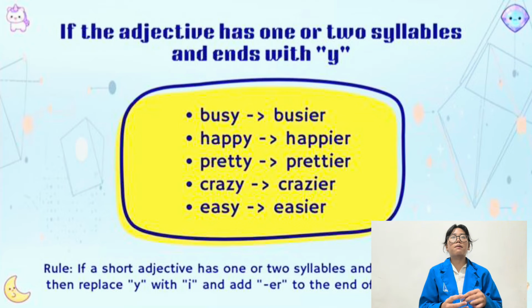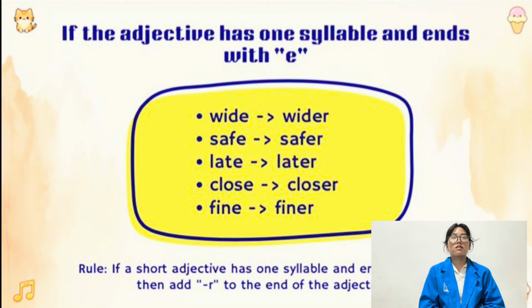For example, happy to happier, easy to easier, busy to busier. Next, rule number 3, if an adjective ends with e, simply add r. Example, wide to wider, safe to safer, fine to finer. This rule helps us form comparative adjectives correctly.